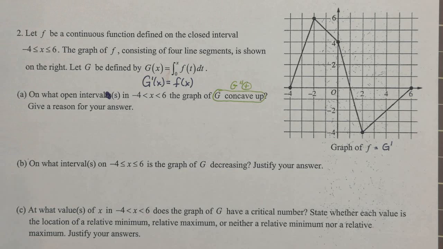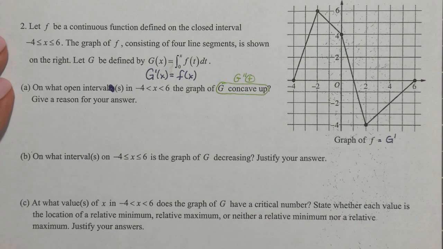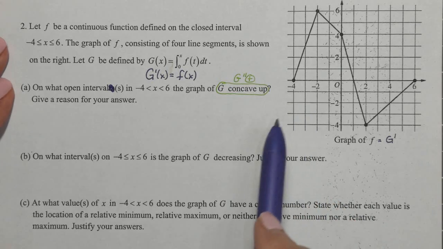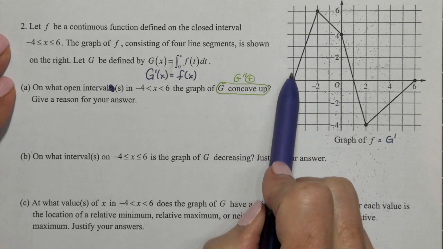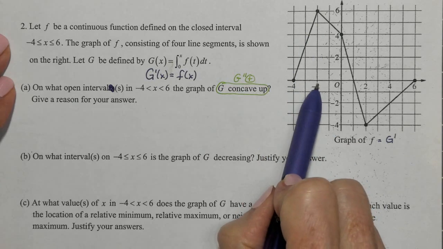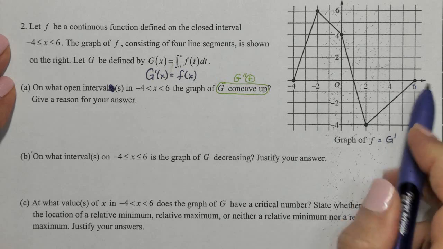Sorry about that. Okay, what do we examine about the graph of g prime? We examine the slope of g prime. We want the slope of g prime to be positive, because the slope of g prime is g double prime. So the slope is positive from x equals -4 to x equals -2, and from x equals 2 to x equals 6.